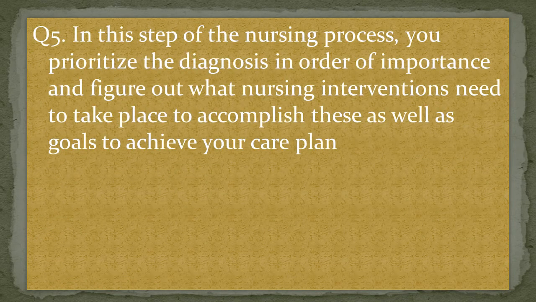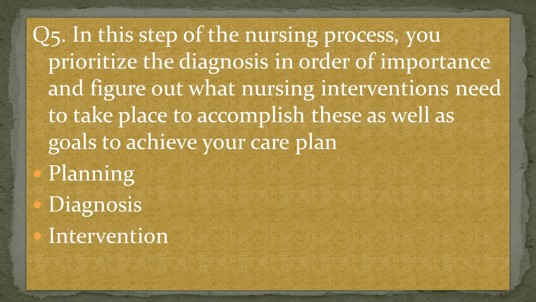Question number 5. In this step of the nursing process you prioritize the diagnosis in order of importance and figure out what nursing interventions need to take place to accomplish these as well as goals to achieve your care plan. Option A is planning, option B is diagnosis, option C is intervention, and the last option is evaluation.